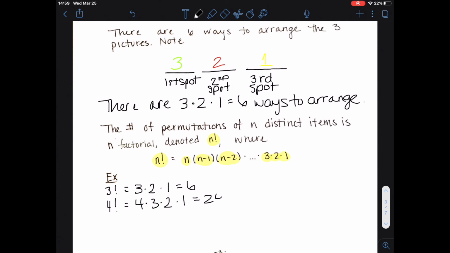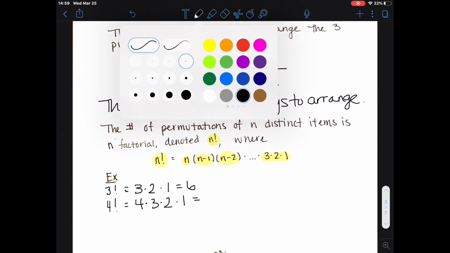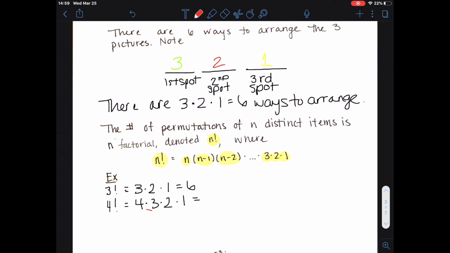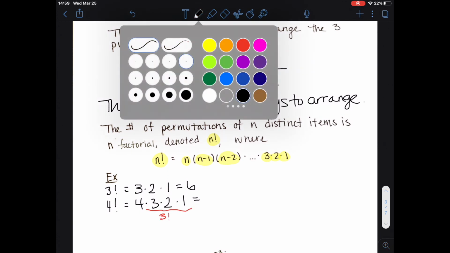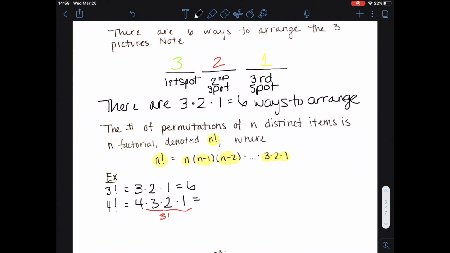One thing you can also note is this 3 times 2 times 1 is exactly 3 factorial. So one of the nice properties is you can pick off that top integer and you get the next number factorial. You can do it again, pick off the top integer, you get the next number factorial. But in the end, you're still going to end up with exactly the same number.